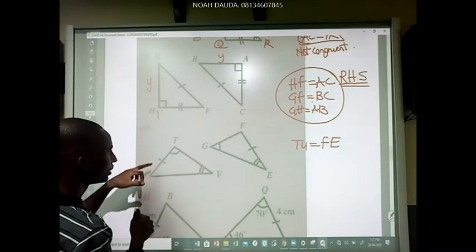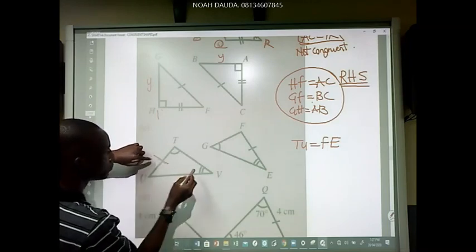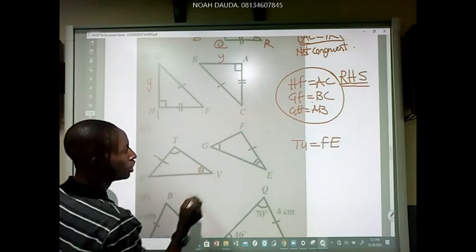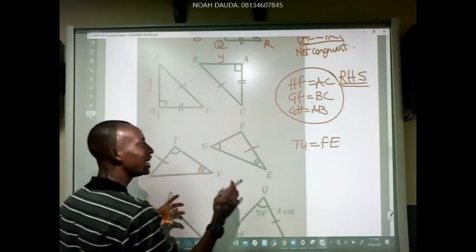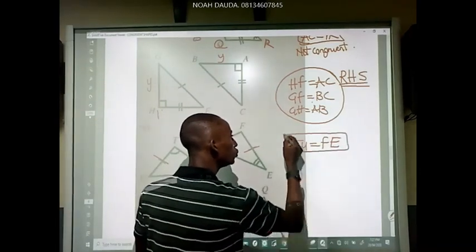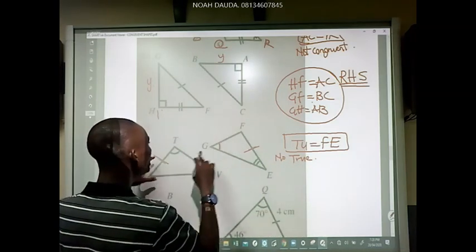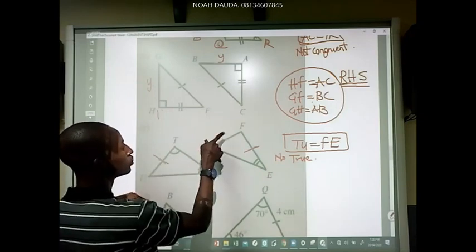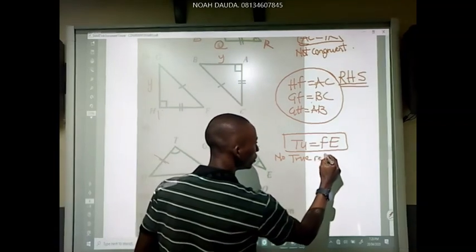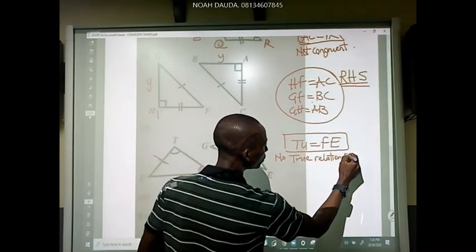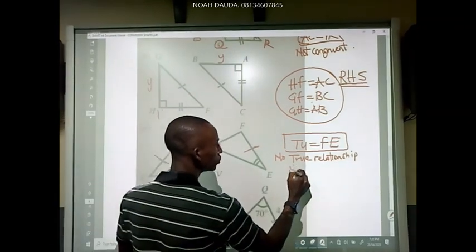Also the same way, when you look at the positioning of this particular line, it is facing this double angle. When you look at the positioning of this single line, it is facing this single angle. This means there is no true relationship between this CU and FE, because they are not facing the same angle. No true relationship between those two lines, and as a result, it is not congruent.